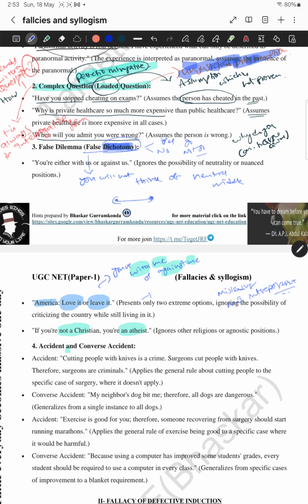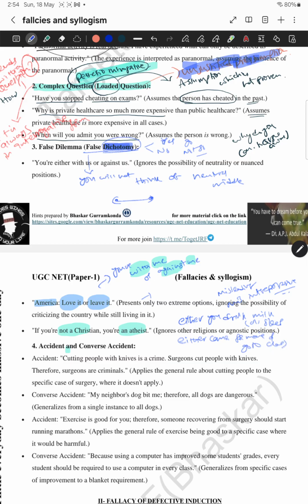So basically, when you are having an exam and your mother says, mothers will give two options only: either you drink milk or sleep, something like this, or either come for a movie or go to class.